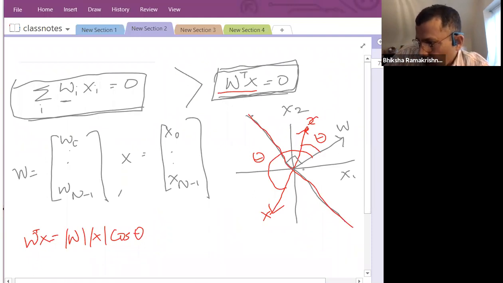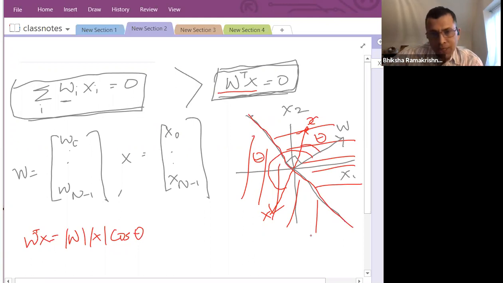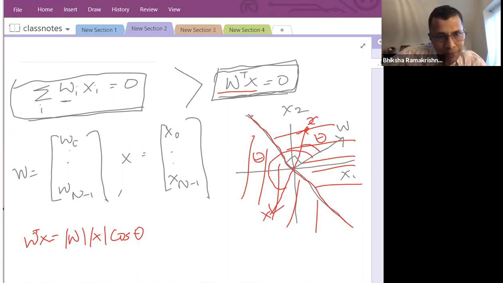And so for all x's on this side of the plane, w transpose x is going to be positive, and for all x's on this side of the plane, w transpose x is going to be negative. Did that make sense to everybody? If it didn't make sense, raise your hands. No, everybody got it, okay?